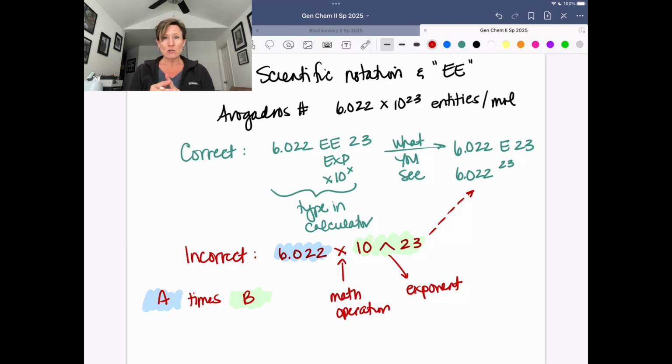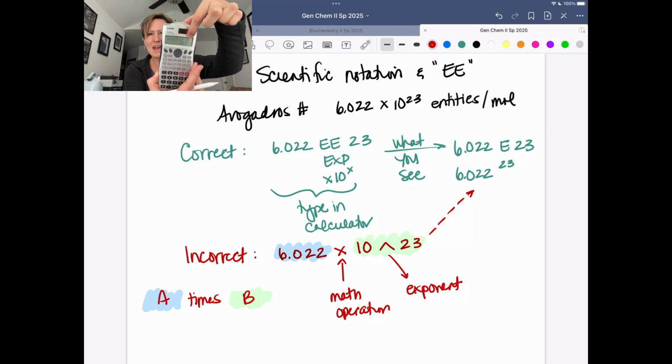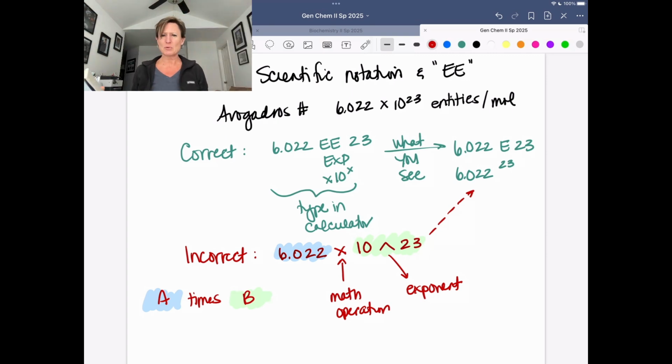So not only will you never have that issue if you enter something using the correct scientific notation button, but it's also going to be way easier. Really, think about how much time it took to type all that in. And then if I need to put it in parentheses too, and I know many of you are doing it. So I want to break you of that bad habit early on.